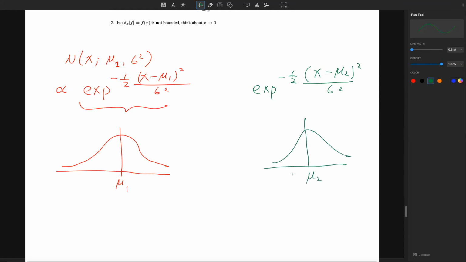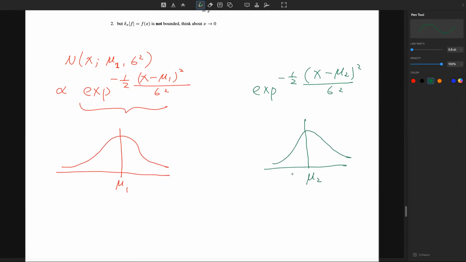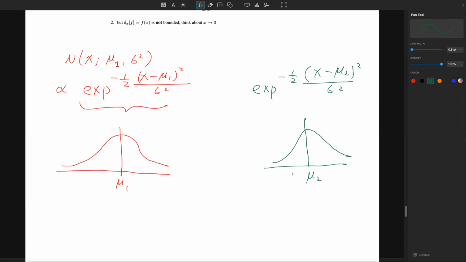Then essentially I've got two functions. And as you have seen last week, this is essentially the radial basis kernel, right?